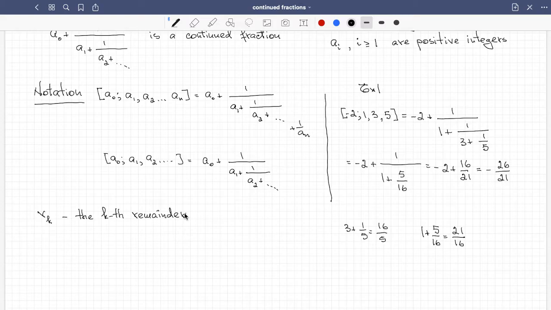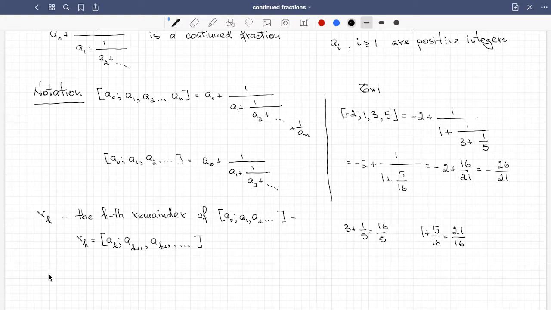The kth remainder of our expression a0 semicolon a1, a2, no matter finite or infinite, in both cases, is going to be defined as Rk equal to ak semicolon ak+1, ak+2, and so further till the end, if there is an end.